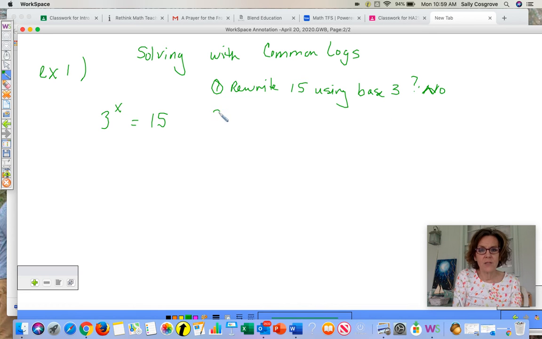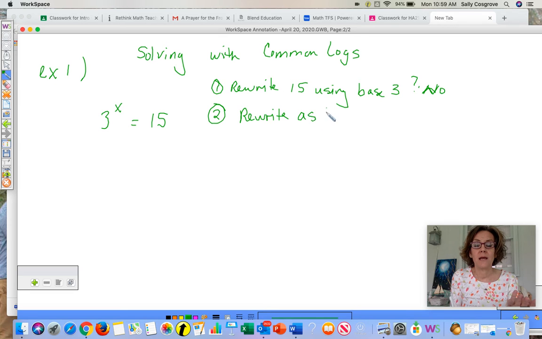All right. So what else have we done in the past? Well, when we get stuck in an exponent, we rewrite it as a log. So rewrite as log. Okay. So what would that look like?